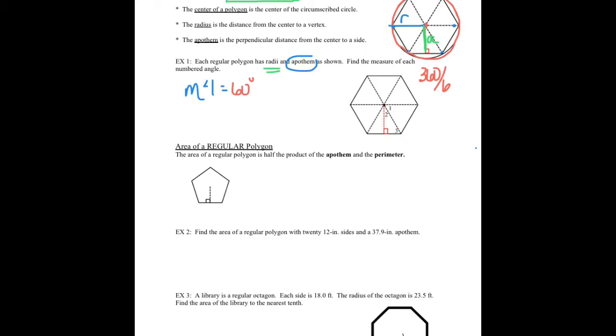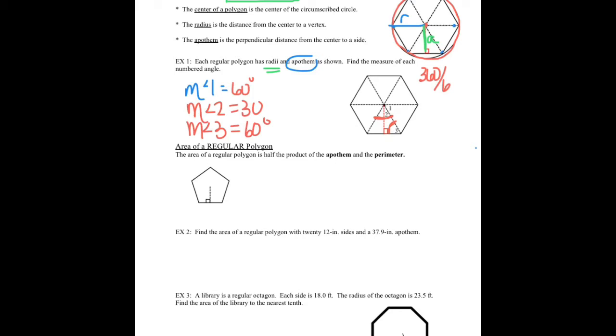So if angle 1 is 60, angle 2 would be bisected, so half of 60, the measure of angle 2 is 30. And the measure of angle 3, remember this is an equilateral triangle, is 60 degrees. So we're just looking at the shape and determining angle measures.